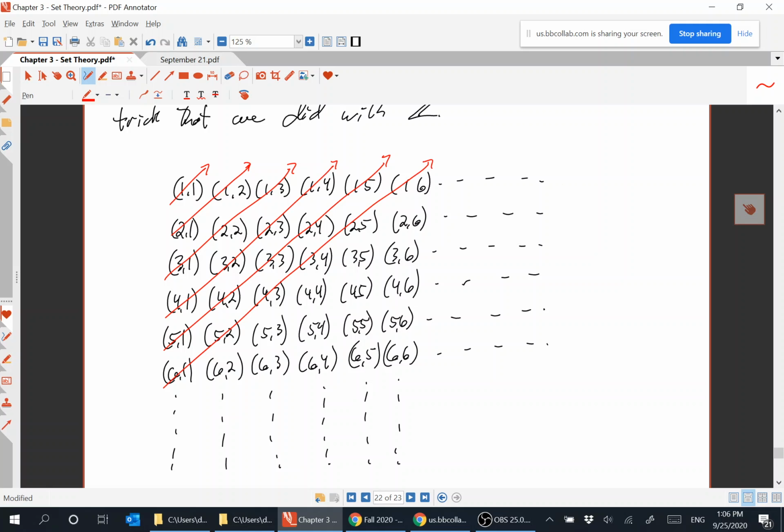Yes. Sure. Okay. But in each diagonal, how many things are in it? Infinitely many or finitely many? There's 1 thing here, 2 things here, 3 things here, 4 things here, right? This is 1, 2, 3, 4, 5, 6, 7, 8, 9, 10, 11, 12, 13, 14, 15, 16, 17, 18, 19, 20, 21.